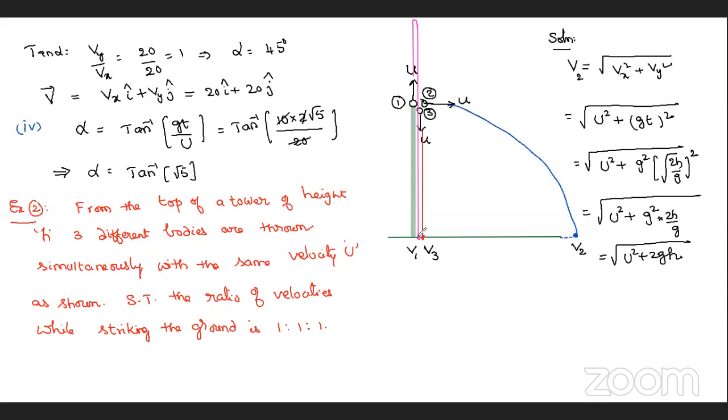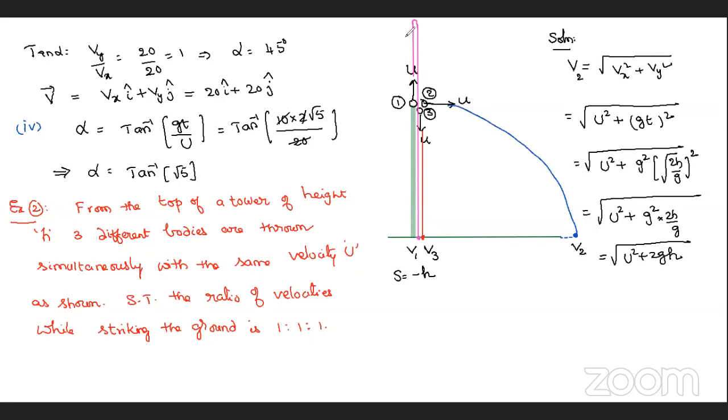Right. So here, come to V1. Try to recollect, this is the part we discussed in the previous chapter, motion in a straight line. When a body is projected from the top of a tower, total displacement S is equal to minus H. When a body is thrown vertically upwards from the top of a tower, S is equal to minus H and it is projected upwards.